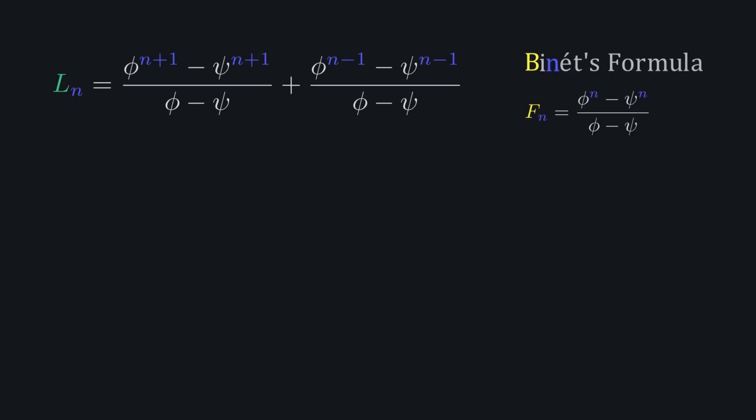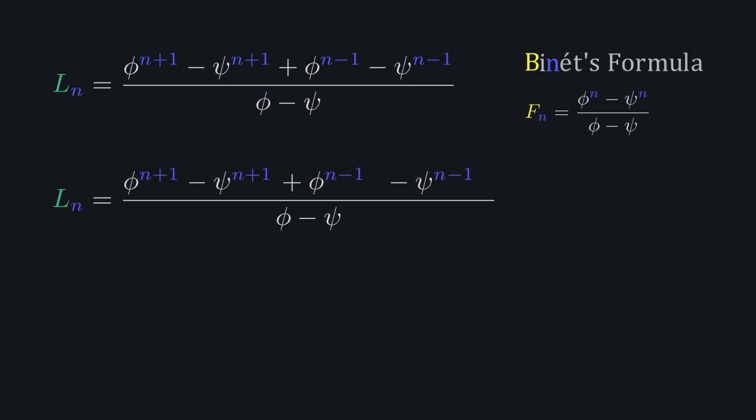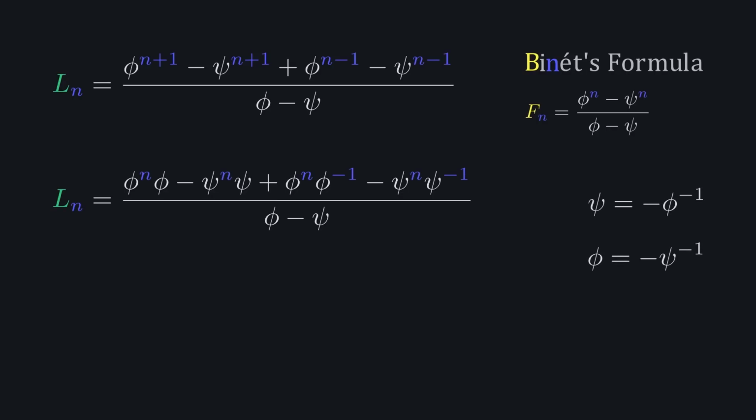Alright, these share the same denominator, so we can bring them together. And now we're going to decompose the powers, like that. And we can lose the first powers. Good. Now to deal with -1 powers, we can use the fact that phi and psi are negative reciprocals of each other. Phi to the -1 becomes negative psi and vice versa, which means we flip both the symbol and the sign.